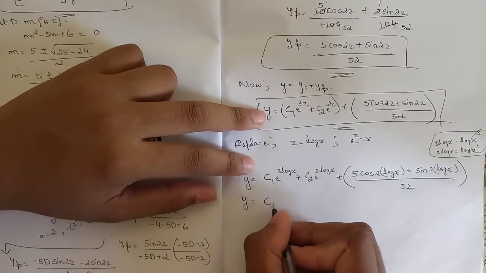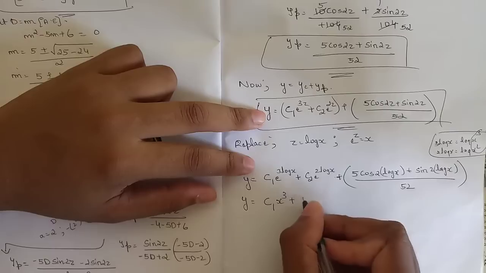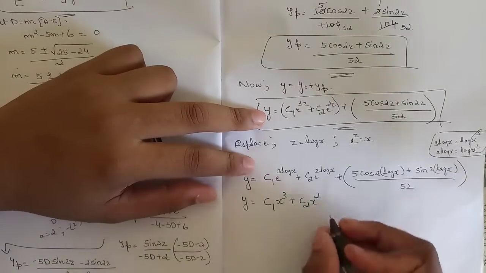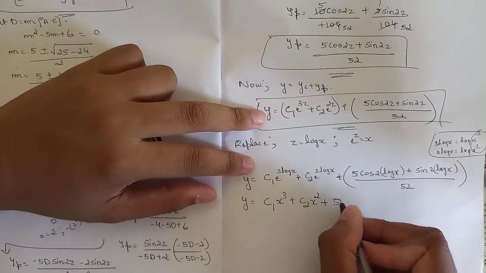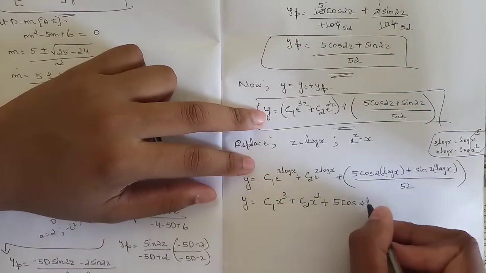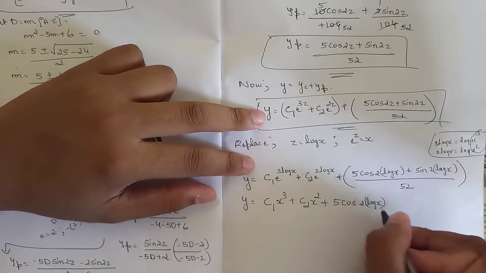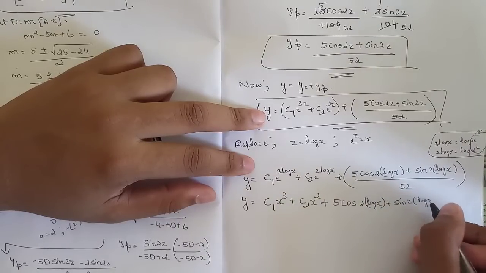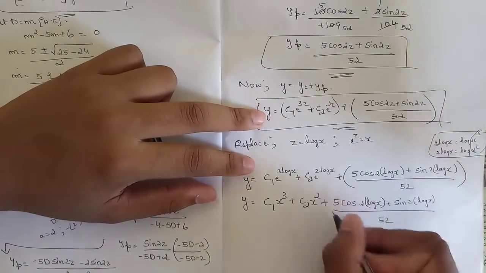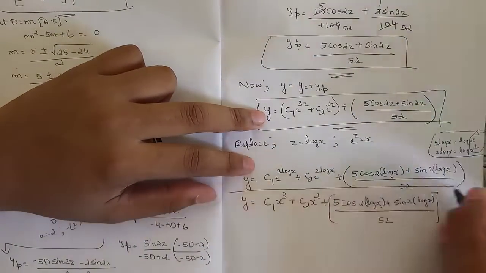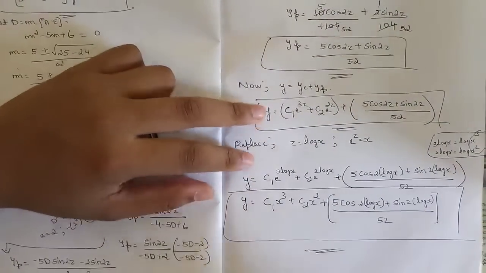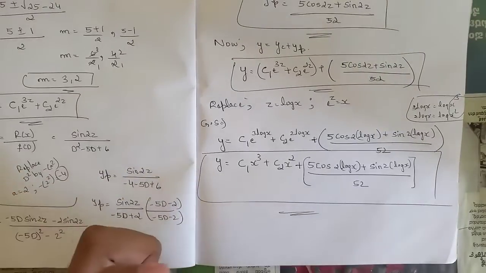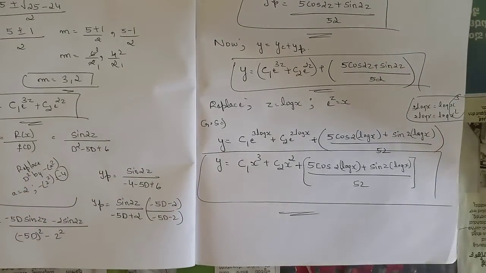So we can write it as c1 into x cube plus c2 into x square plus (5 cos 2 log x plus sine of 2 log x) divided by 52. So this is your general solution. Yeah, so we have one more problem, so we'll solve that and wind up this session.